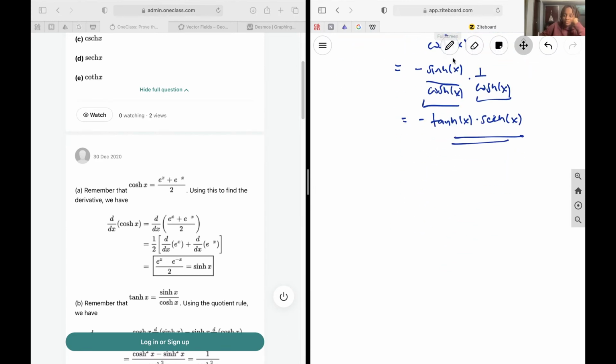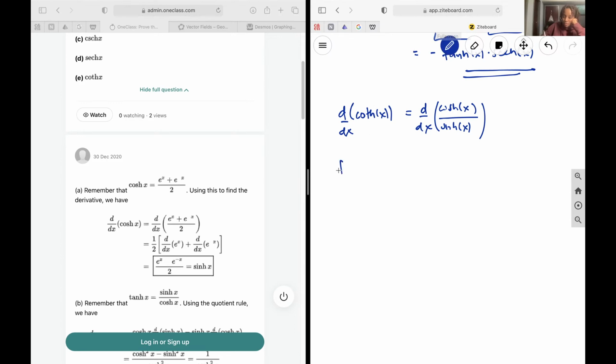And so this is equal to d over dx of cosh x over sinh x. For this last one, again, we're going to apply the quotient rule. f of x is cosh x, and the derivative of that we found earlier will be hyperbolic sine. g of x is hyperbolic sine, and the derivative of that, as I said earlier, is going to be hyperbolic cos.